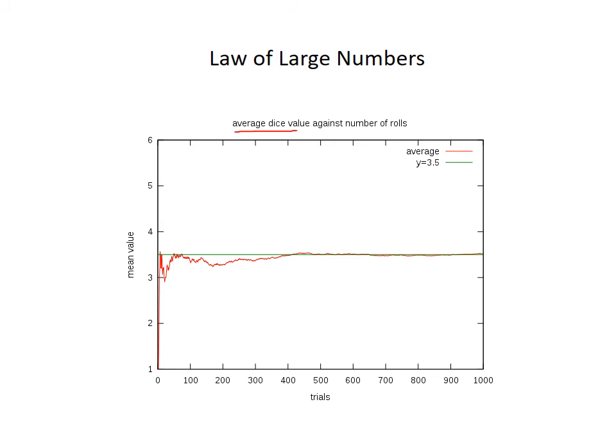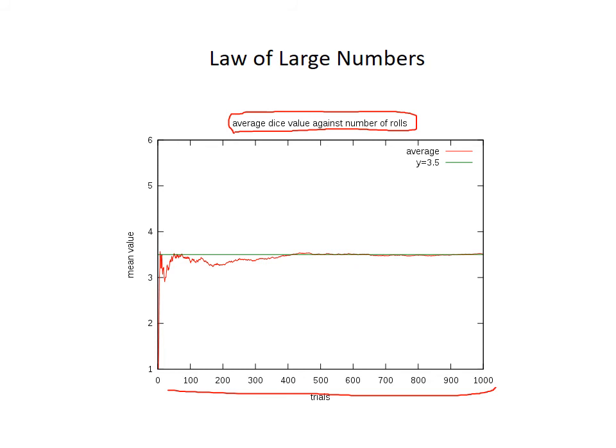Here is an illustration of that. We're talking about the average value of rolls of a 6-sided dice as a function of the number of rolls, the number of trials, all the way up to 1,000 here.